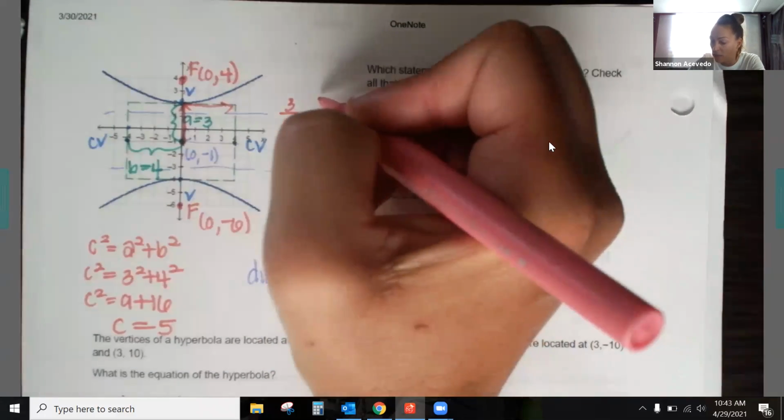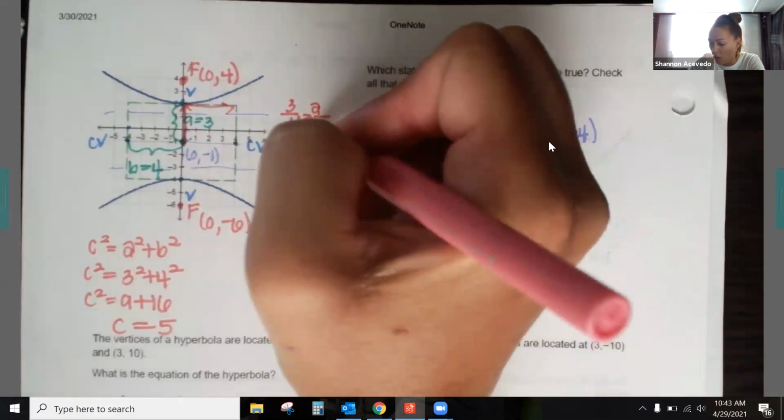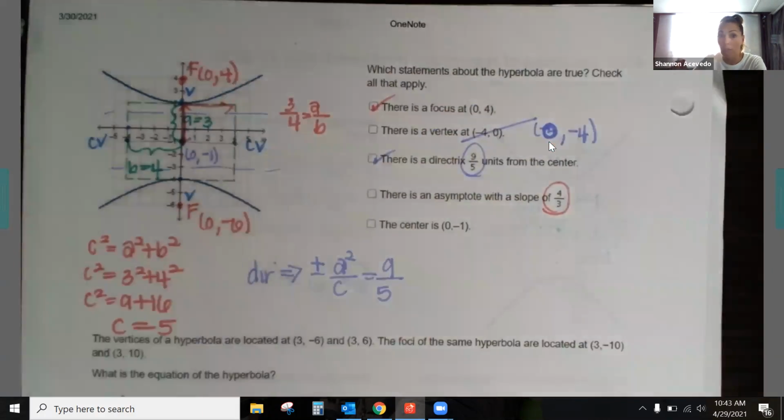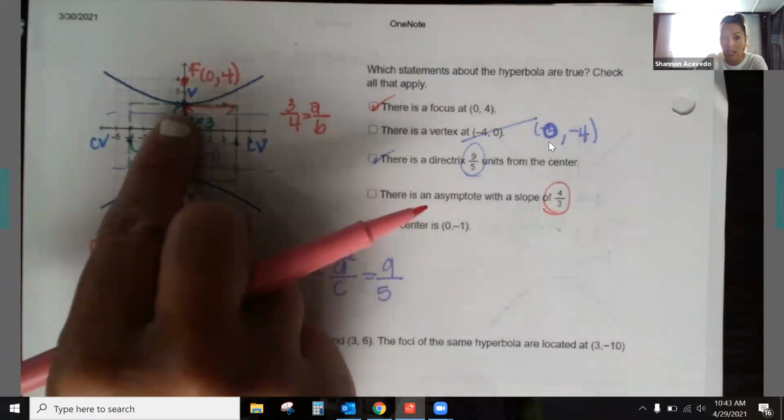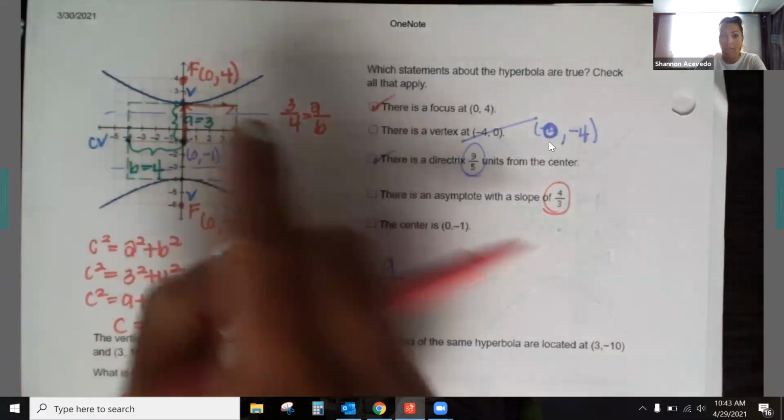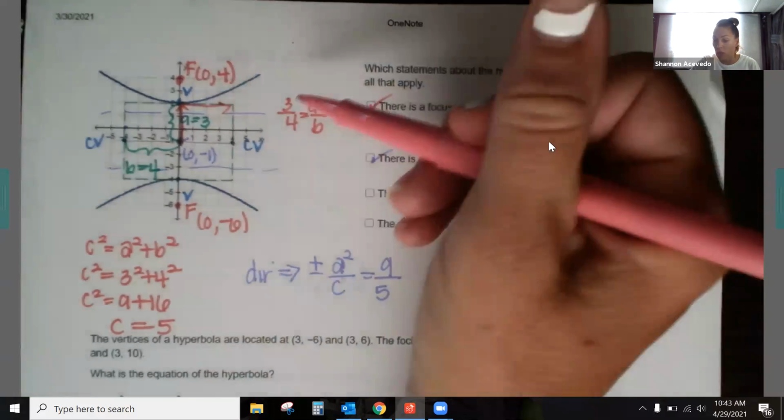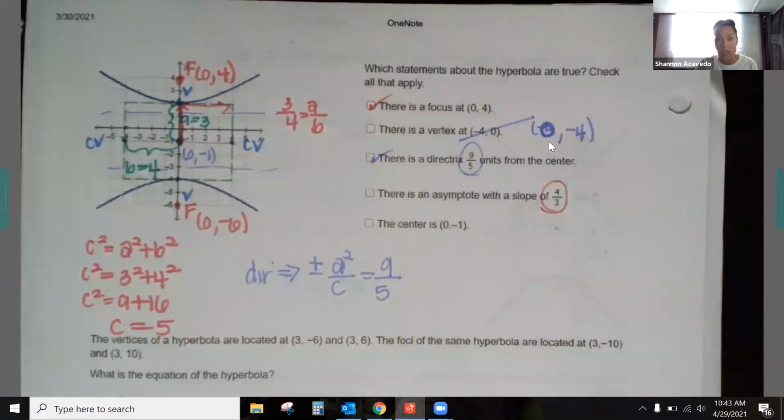Again, in this case, it was my a over b. Sometimes it's b over a. So just count up though. In this case, it's up 3, and this is a distance of 4. So it's literally 3 over that value of 4 is how I write it. If it can be simplified, you have to simplify. So if I had something like 2/4 that's equal to 1/2, I would need to make sure I simplify.